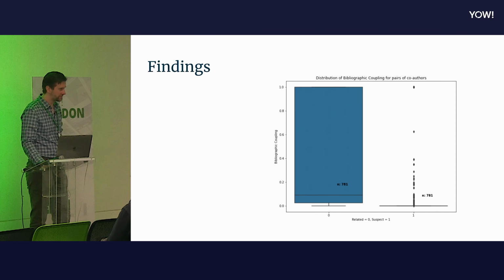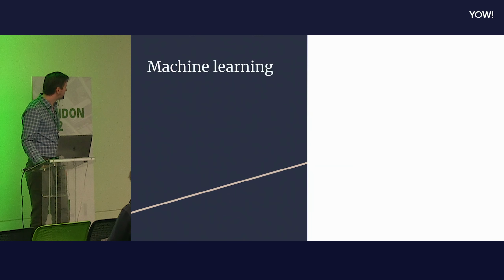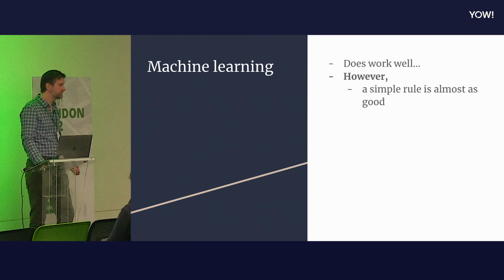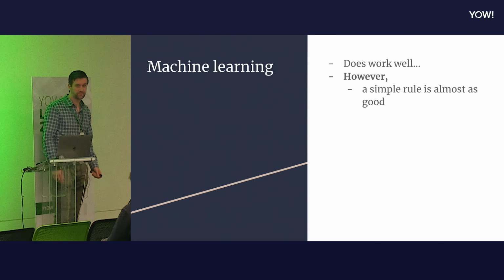Usually we can't talk about all the things that we do to find paper mills because we don't want them to find out. But this one, really not a lot that can be done about it. So machine learning works well on this. It's, as I said, a pretty good data set for it. However, that simple rule I said at the start is just as good, almost.